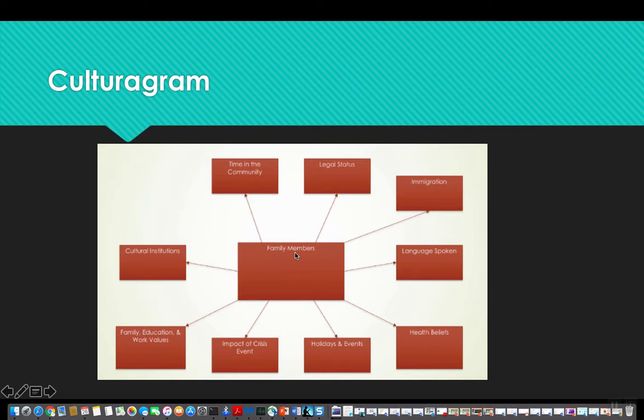Impact or crisis event. For example, a new stage of life can lead to a developmental crisis.